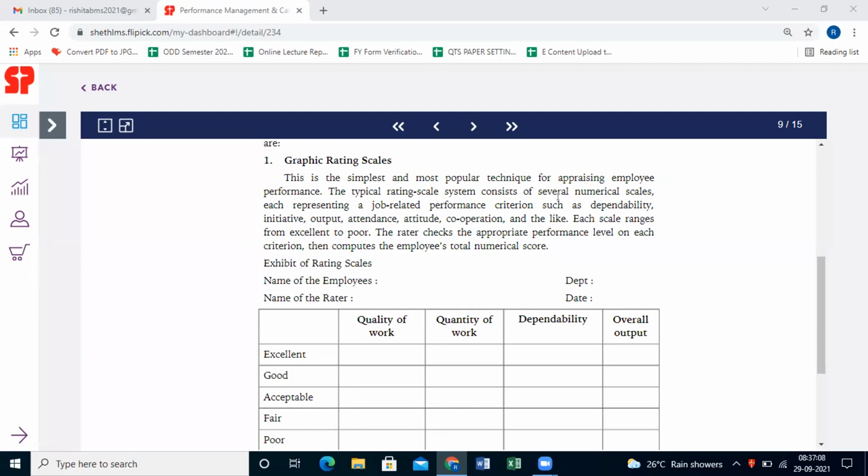Each scale is given a certain rating on different ranges, starting from excellent, good, acceptable, fair, poor. Of course, at the top of this format is the name of the employee and the name of the rater. The department is mentioned as well as the date. So this is graphic rating scales.